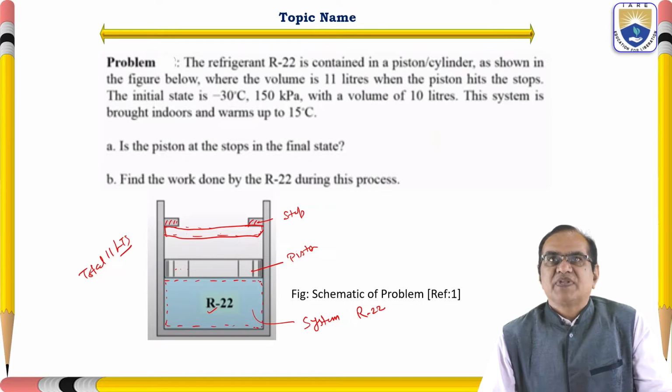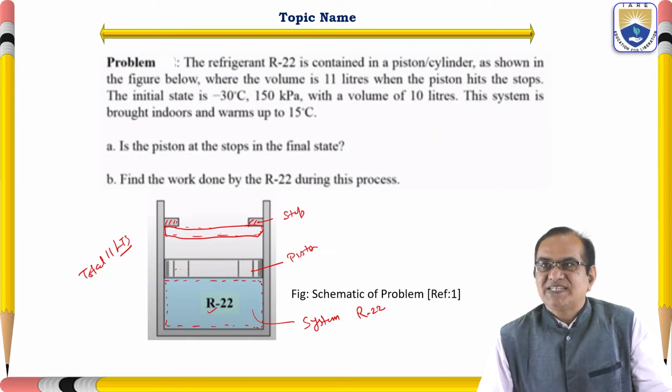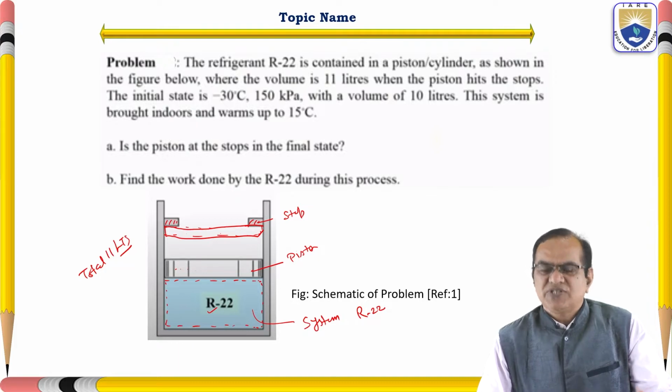The initial state is minus 30 degrees centigrade and 150 kilopascal with a volume of 10 liters. So the initial condition is fully given, and the final is also given. The system is brought indoors and warms up to 15 degrees centigrade, so the final temperature is also given as 15 degrees centigrade. So this is the problem.